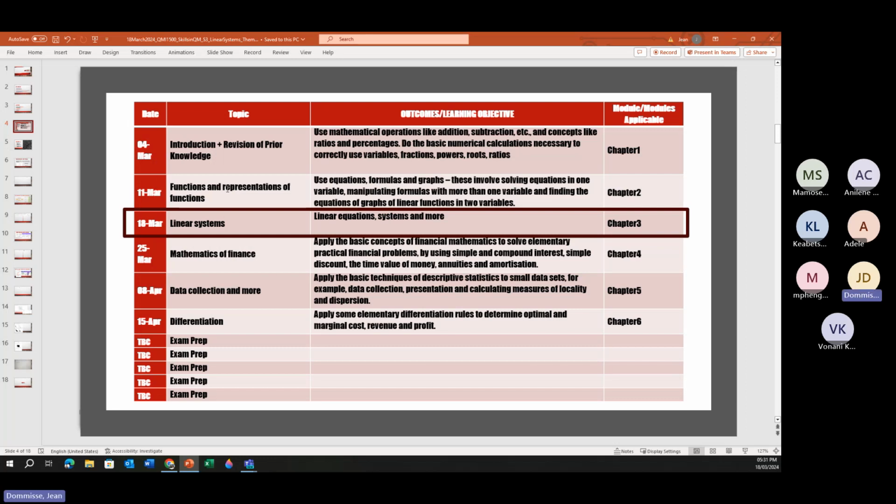So tonight we're focusing on linear systems, which is chapter 3, and next week we will look at chapter 4, the mathematics of finance, where we will be looking at simple interest, compound interest, and more things like that. But tonight we're focusing on linear systems.